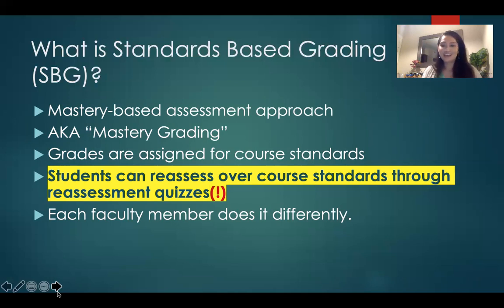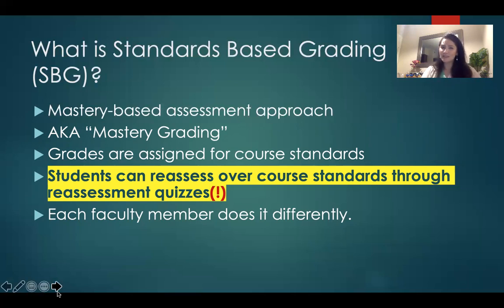Some people will use a percentage-based scale. Some people will use a 0 to 10 scale. I choose to use a 0 to 4 scale for each of my grades for the standards in my course. It's like a GPA. So 4 represents an A, 3 represents a B, 2 represents a C, 1 is a D, and 0 is an F. But everybody does it differently.